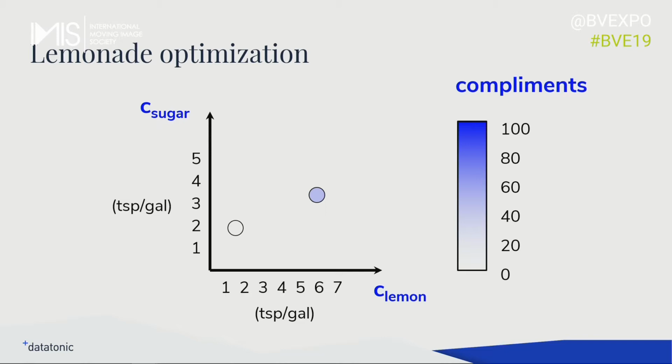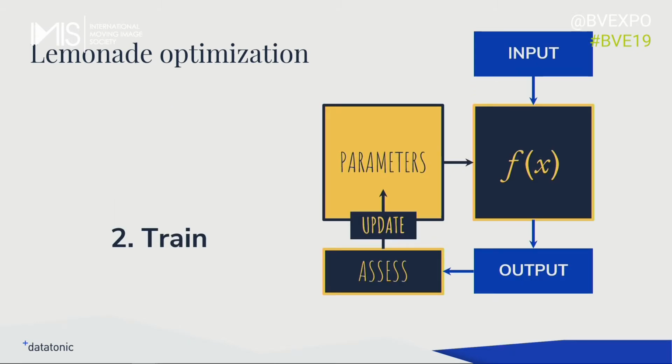No one's complimented that. It's just water. We try again. This is what we're going to do in two different ways that I'll explain in a moment. But the aim is to find the best lemonade. So how do we train this machine learning model to get to the best lemonade as quickly as possible?